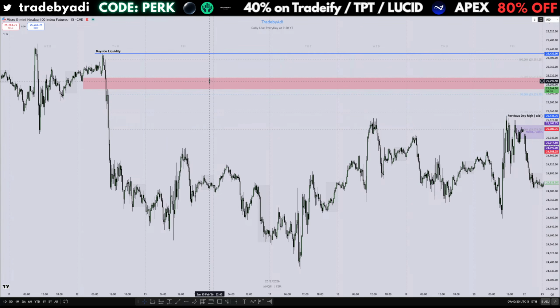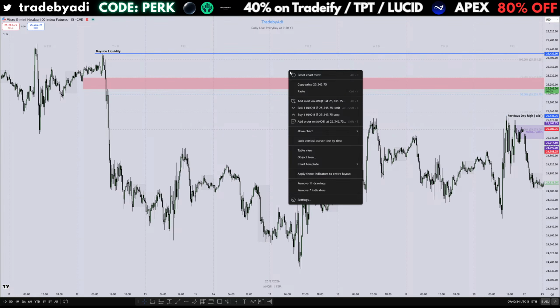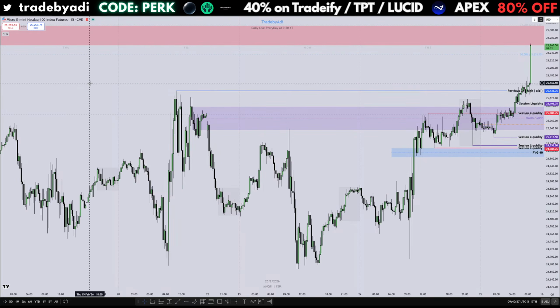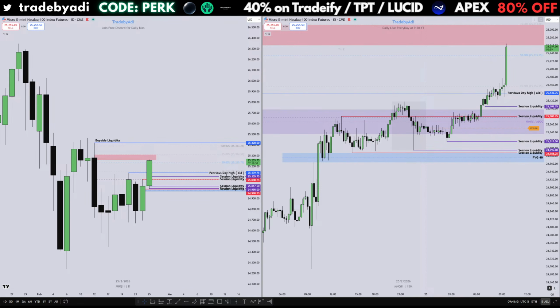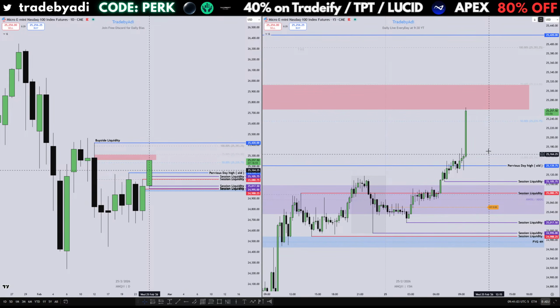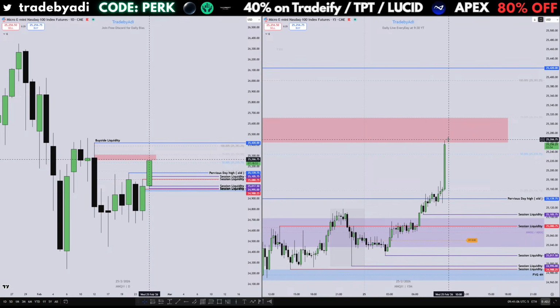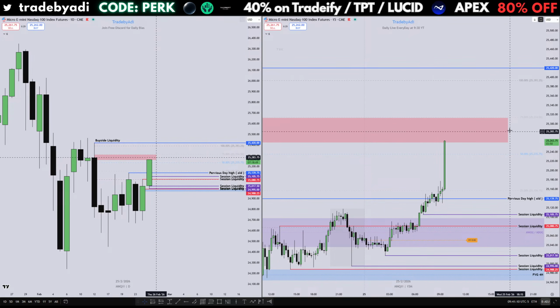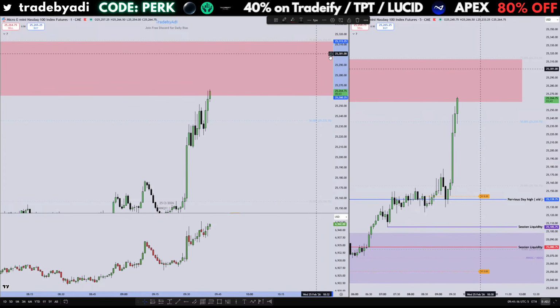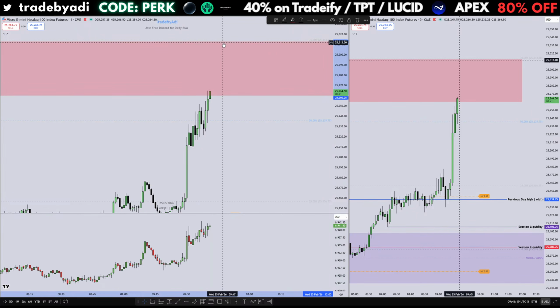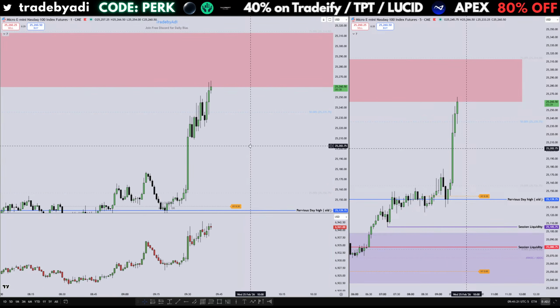So I think the price can fill this gap fully, because when you have a balanced price range, the price action is most likely going to fill only half. But when you have a big FVG and an imbalance inside the lower time frame also, then it is most likely going to rebalance this gap fully.